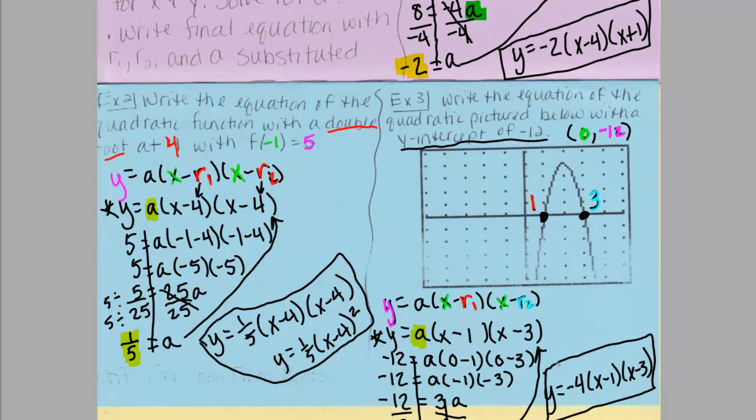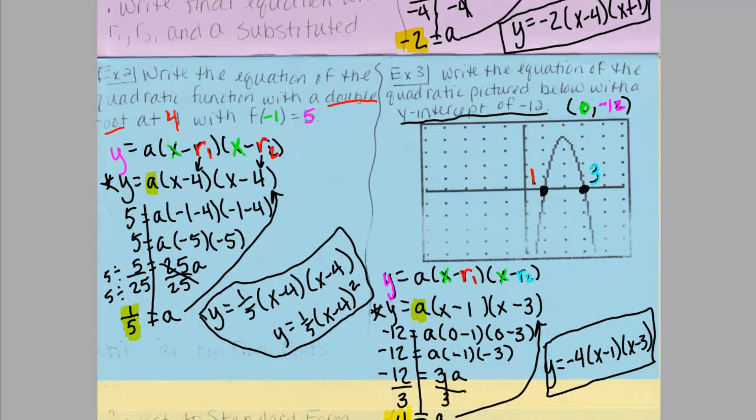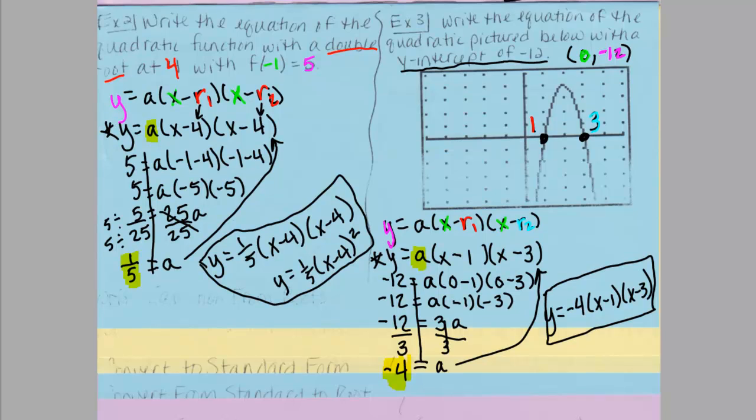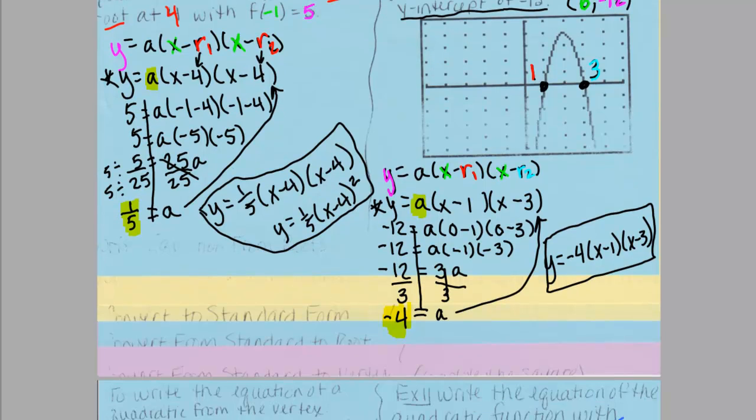Y'all should have more room to write on your foldable. This marker tends to be very big. Okay. Now we will go down to the next page that I have not erased yet.